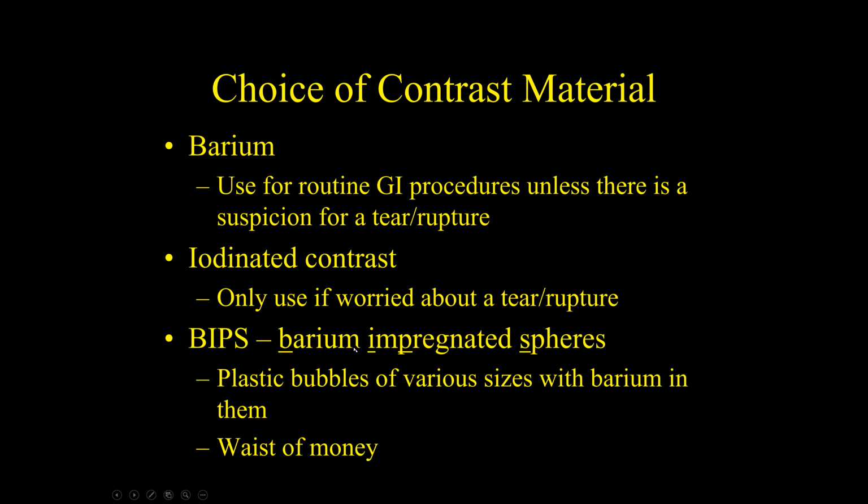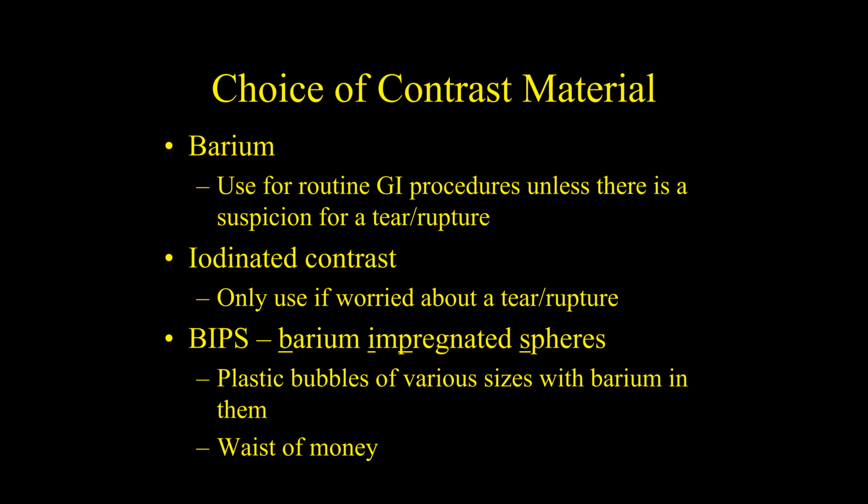Also, you will see these things that people sell at shows and veterinary conventions. The sales guys will sell these things, an acronym called BIPs, which stands for barium impregnated spheres. Basically it's a big capsule, and inside that capsule are varying sizes of plastic round things that each contain barium.